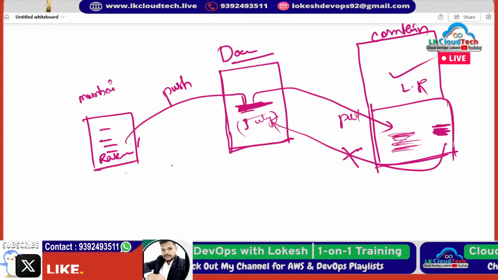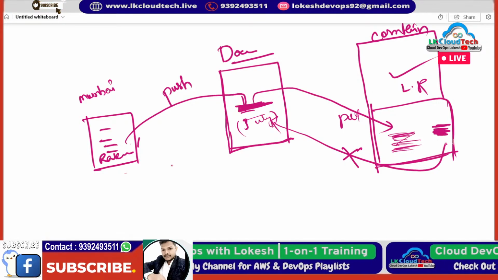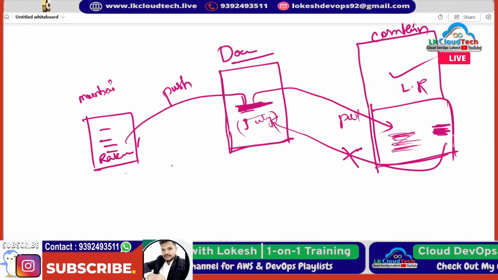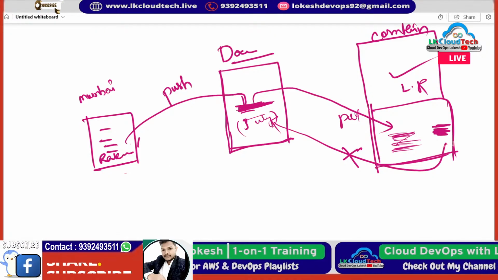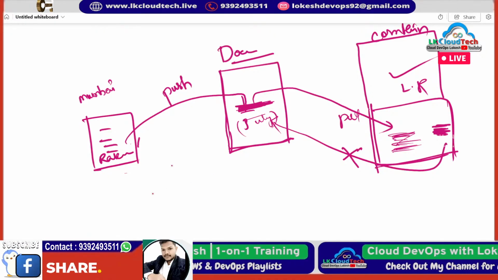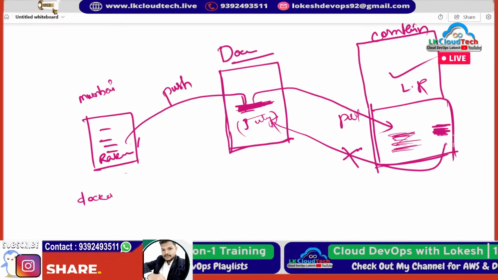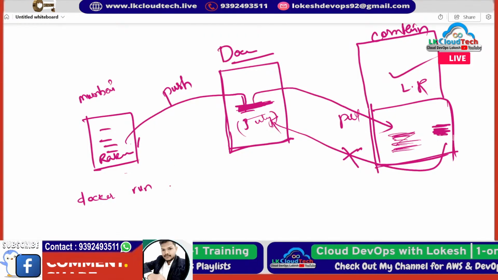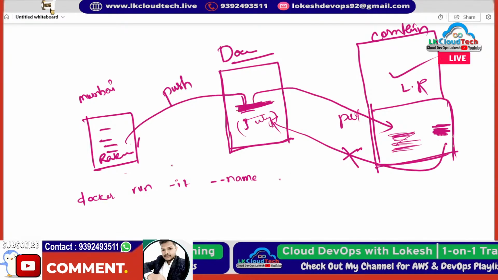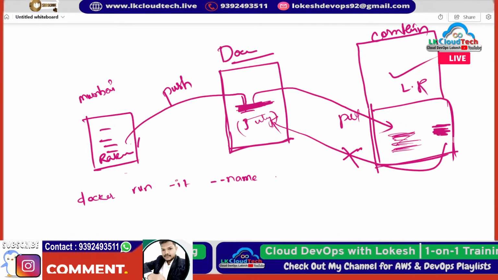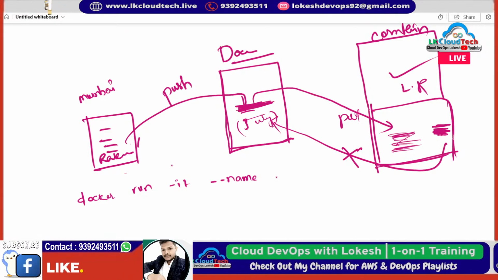I think physically we have done it, and there is a command also. We have created that repository physically, correct? Using the command, we can do docker run -it --name, then a container name like Harish, Rakesh, Mahesh, Suresh, Ashok.